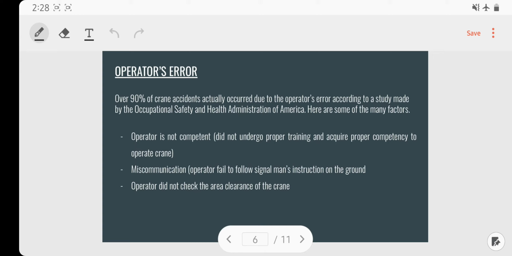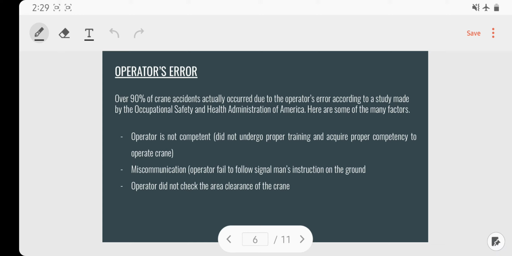Next is miscommunication. This goes back to the signalman that I mentioned earlier. Any miscommunication in a workplace can cause a lot of catastrophe and accidents, or sometimes can even lead to fatality. So communication between the crane operator and the signalman is very, very important.